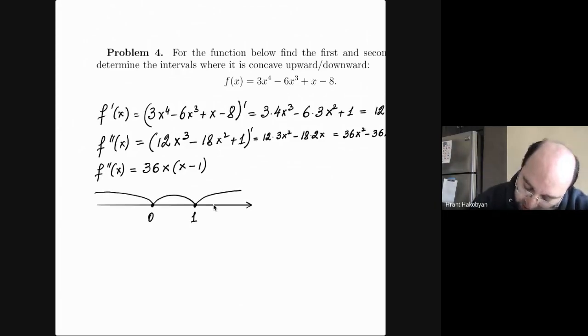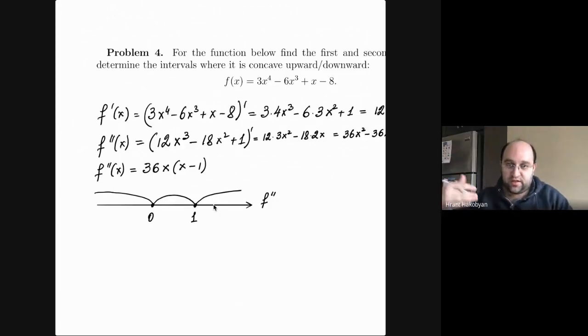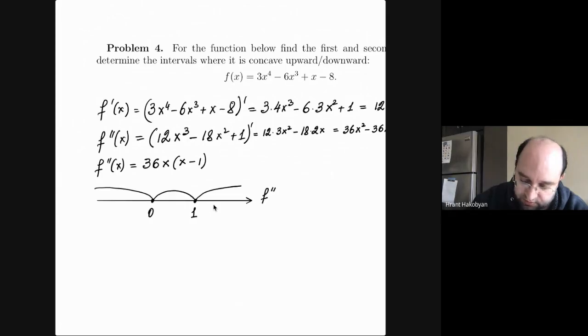Okay, so let's write down here that this is where the second derivative is positive or negative. Again, just like in the case when we were figuring out where the function is increasing or decreasing, what we do is we pick points in these intervals and then determine the sign at those points.